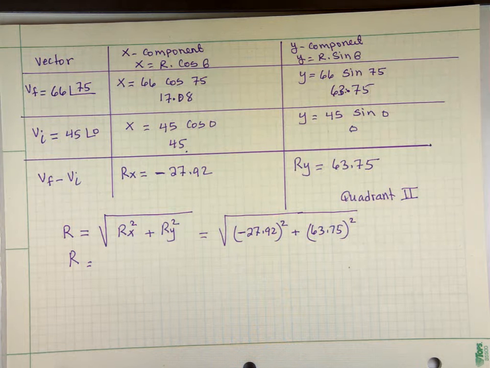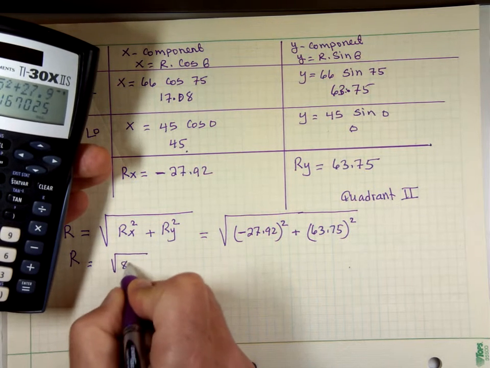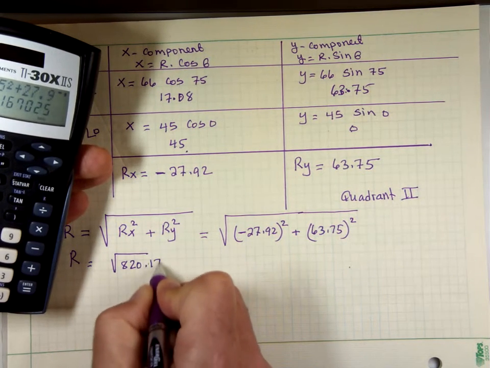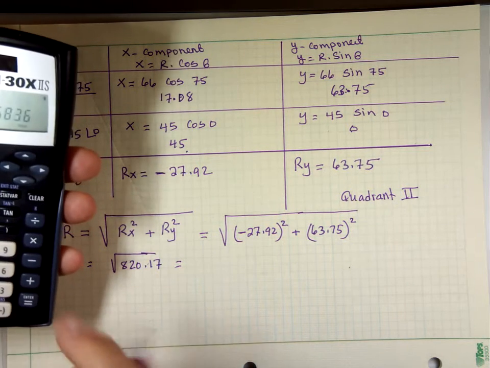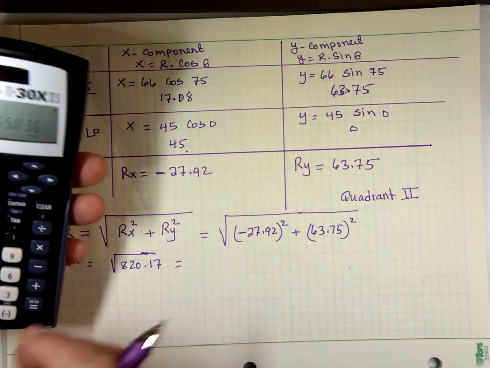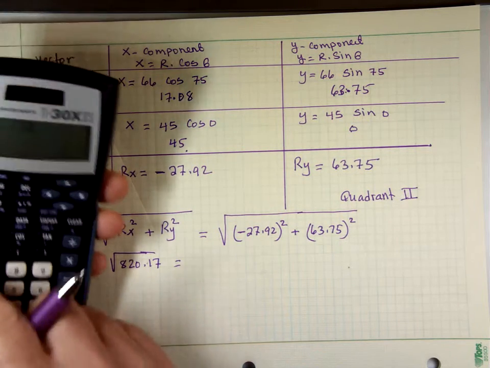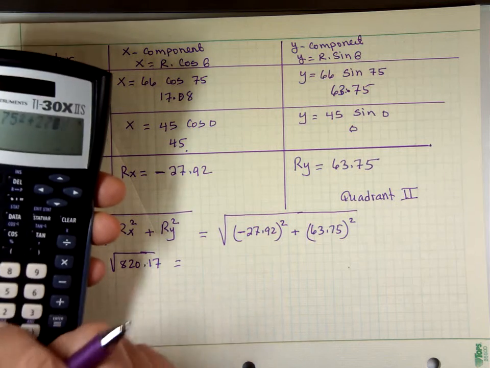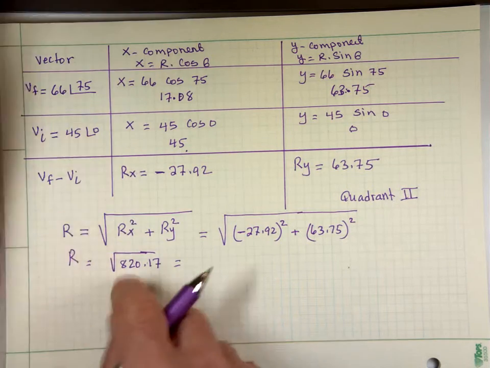So 63.75 squared plus the 27.92 squared, and it's the square root of 820.17. And when you do the math, I know I screwed something up because I got 28. There's no way that's 28. 63.75 squared plus 27.92 squared. Oh, somehow I get the wrong number here.